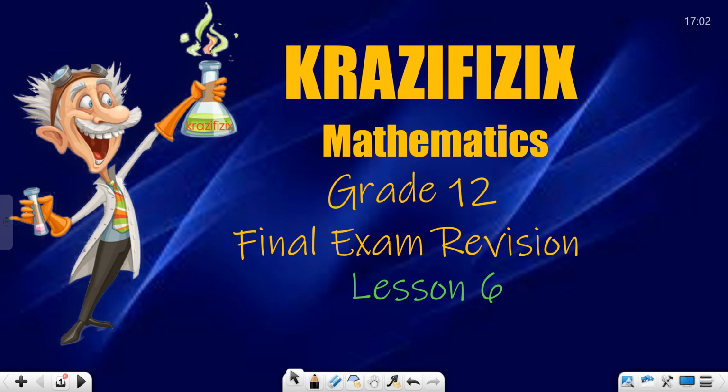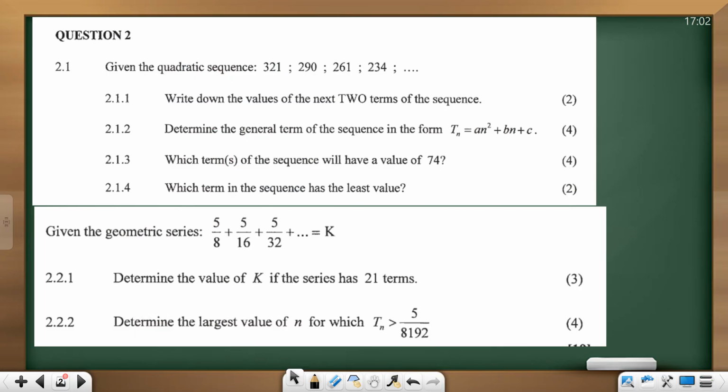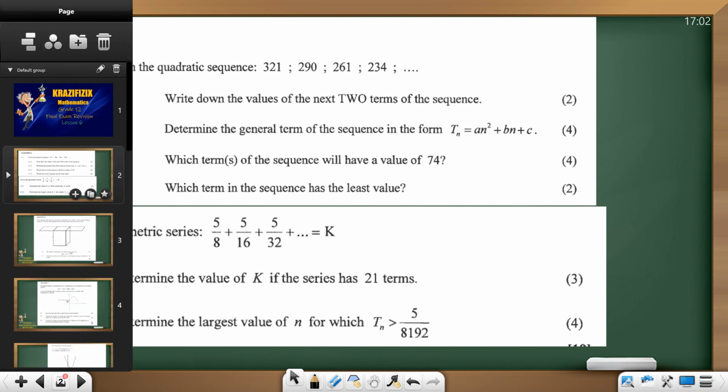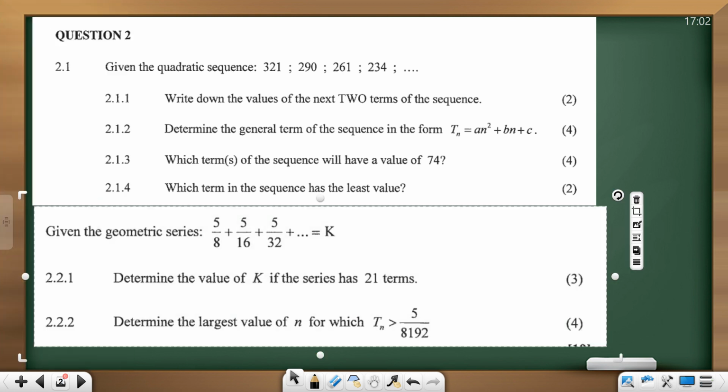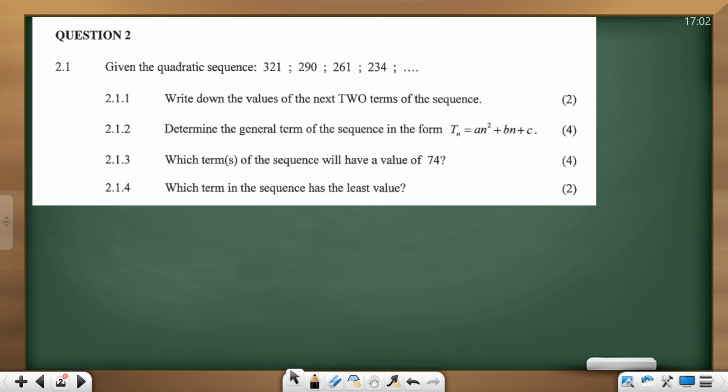Okay, guys, welcome. And this was the question you were dealing with. Look, a simple piece of advice that I usually tell my learners at school is, when you see a question like this, I usually do 2.1.2 first before I do 2.1.1. 2.1.2 would help me to get 2.1.1 very easily.